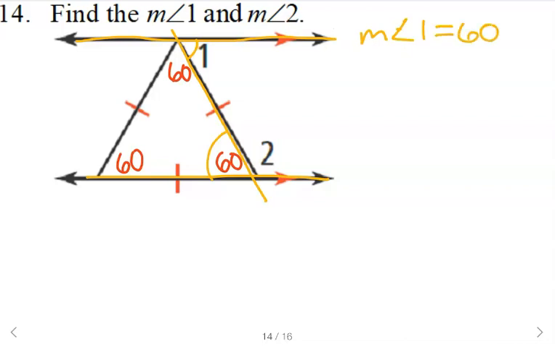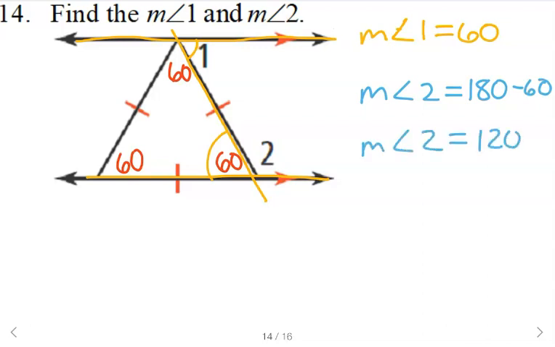For the measure of angle 2, well, it's supplementary to the measure of angle 1 because they're same side interior. Or you could look at the fact that they are a linear pair, and so they're supplementary that way as well. So the measure of angle 2 is equal to 180 minus 60. Measure of angle 2 is 120.